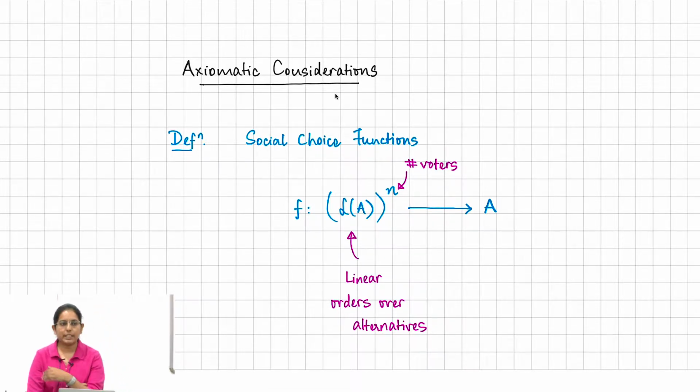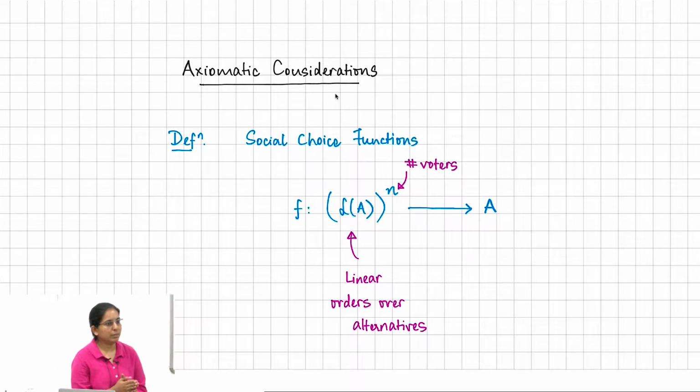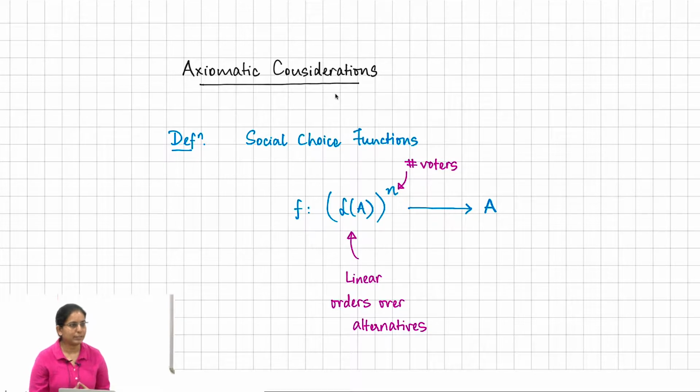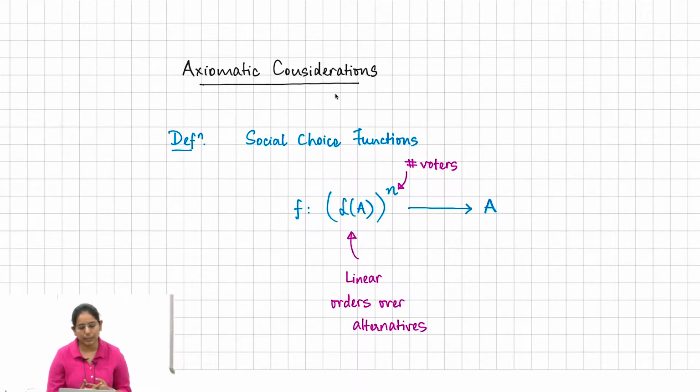If you just read the definition out to yourself, you'll see that it doesn't type check. You are saying that the function must output A over B, but the function is not even giving you a ranking, so it doesn't make sense to talk about A over B. And it's the same problem with independence of irrelevant alternatives. Since we are not talking about rankings here, these are not the axioms that quite make sense.